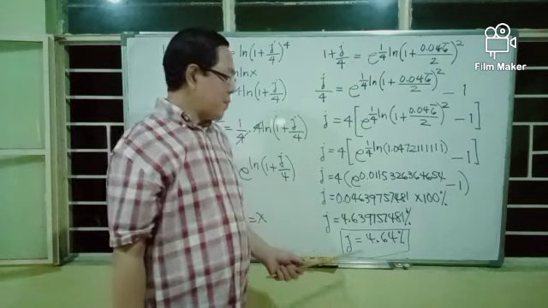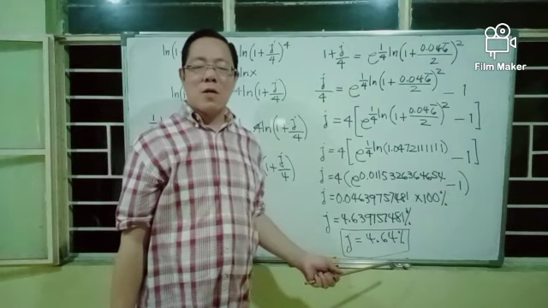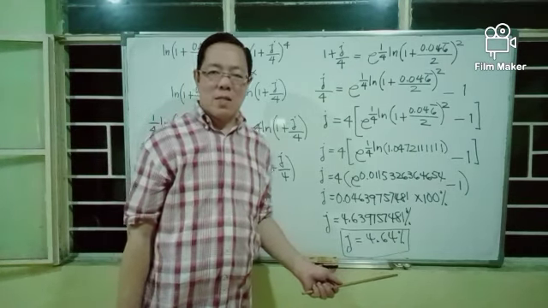This is the unknown compound interest rate compounded quarterly that we want.